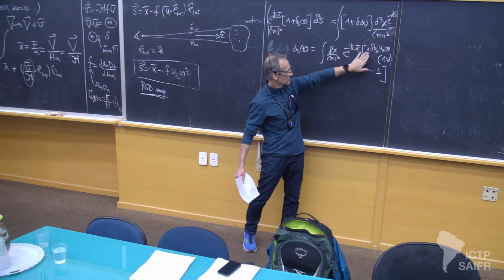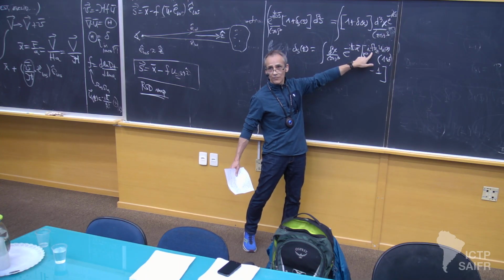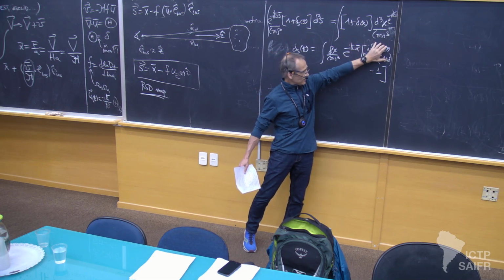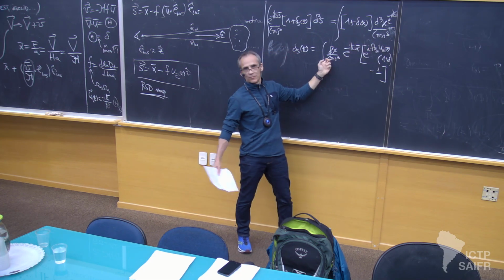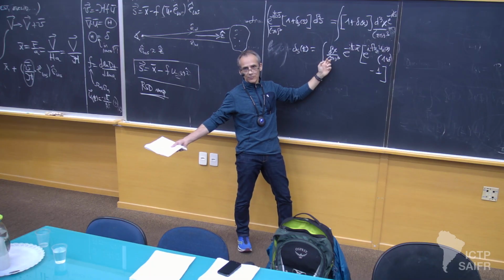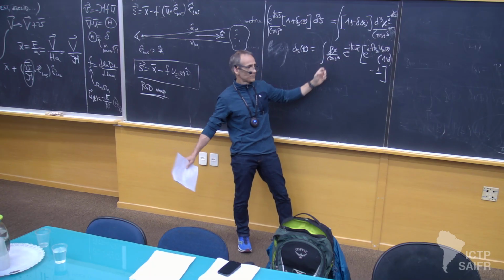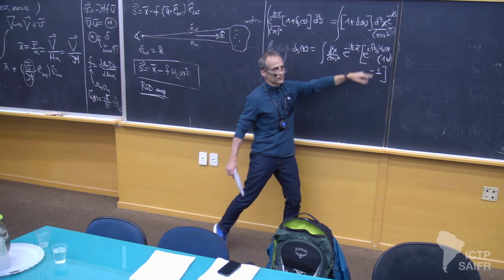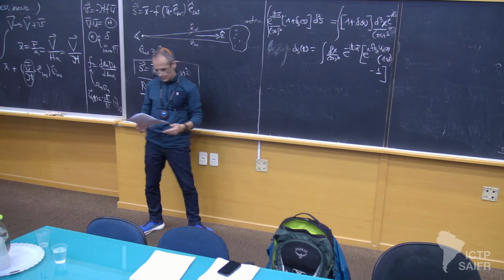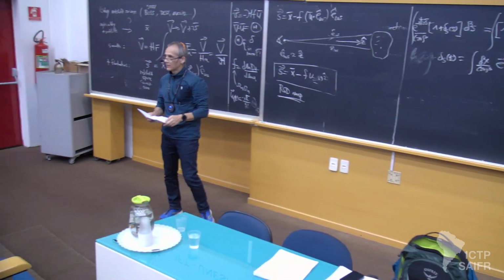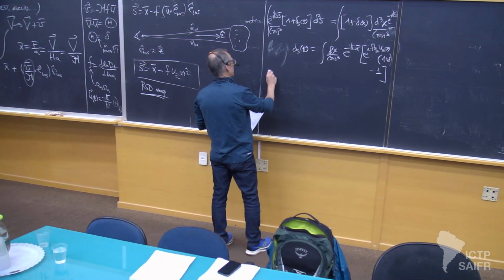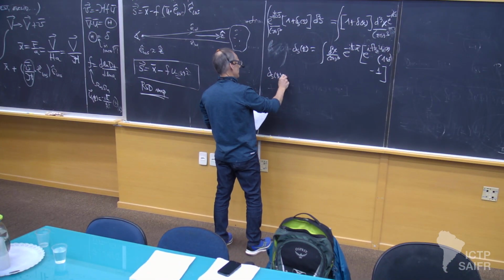Notice, if I set f equal to 0, this phase is 1, 1 plus delta minus 1 is delta, and this will just be the standard Fourier transform in real space. So you see now we have a mapping from density and velocities along the line of sight to the observed Fourier mode. Now, because I'm running out of time, I'm going to rewrite an alternative expression which I derive in the notes.